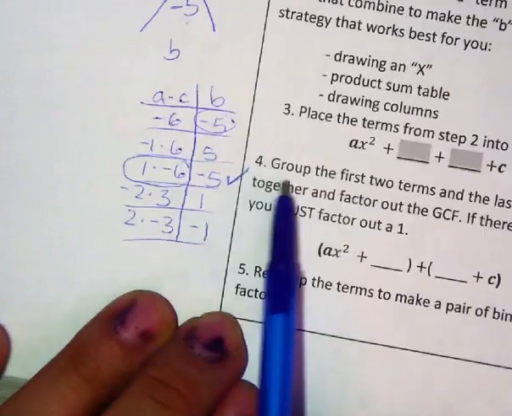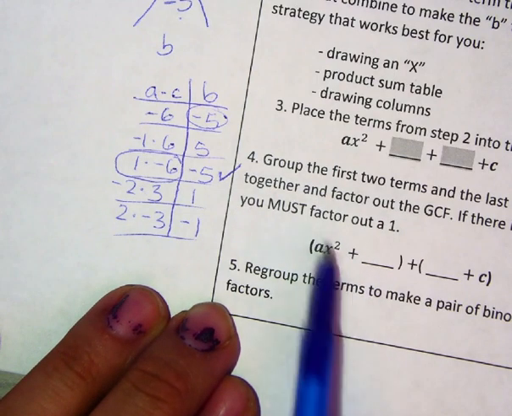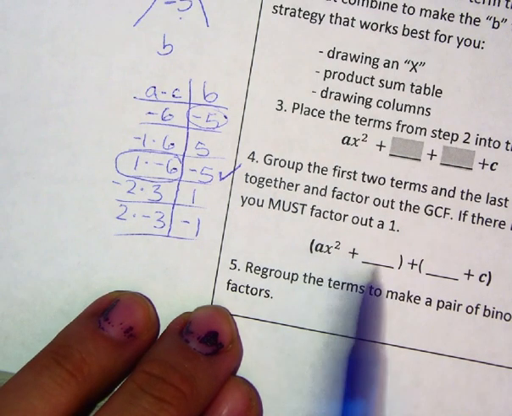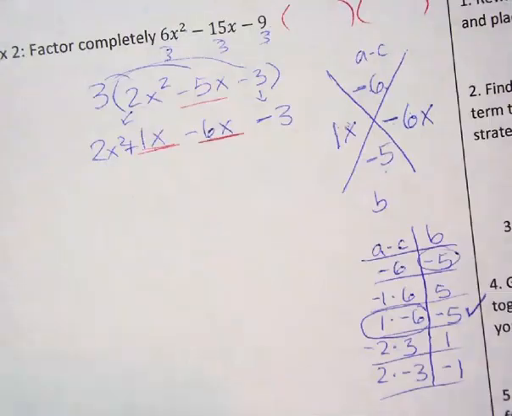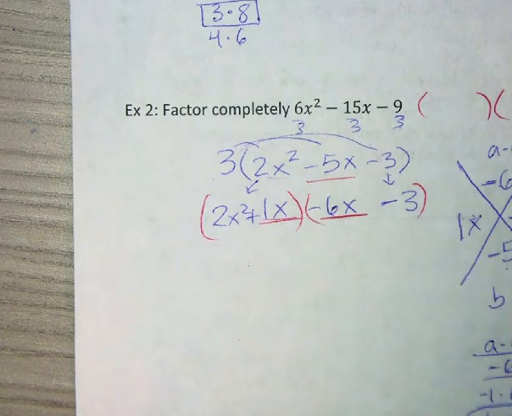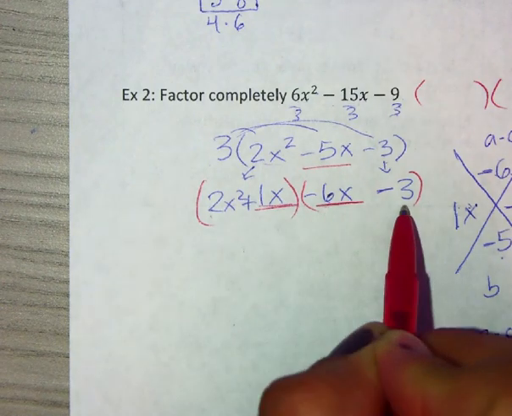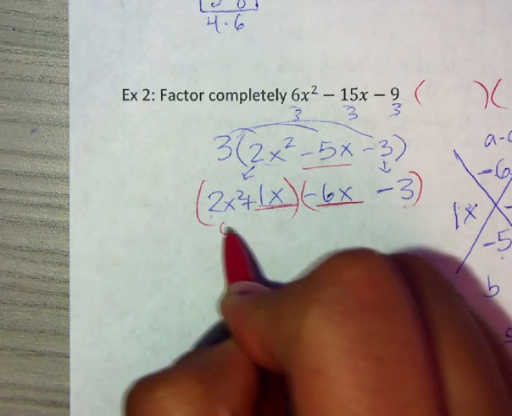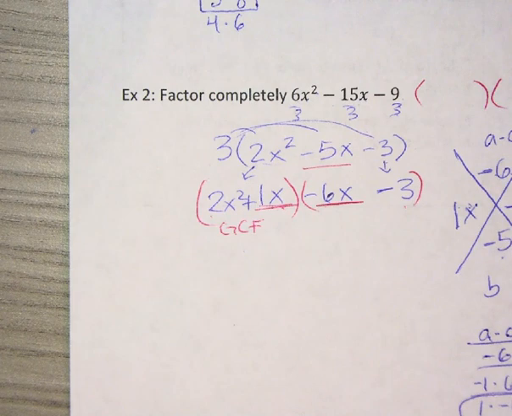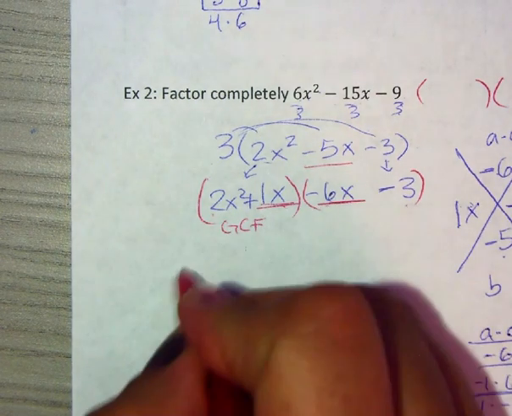Step 4 is to group the first 2 terms and the last 2 terms, and then you're going to find the GCF for the factors of the first part. So you're going to draw parentheses around these first 2 and then the last 2. Ask yourself for the GCF on these 2. So what they both have in common is an x.